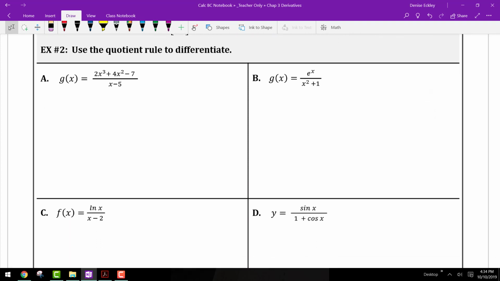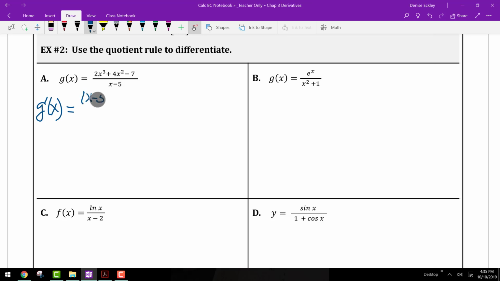All right, so I'm going to do the first two of these, and then let you guys do the other two, and I'll write the answers. Because hopefully from the product rule you can get the idea of this. So g prime of x is going to be the derivative of the numerator times the denominator.